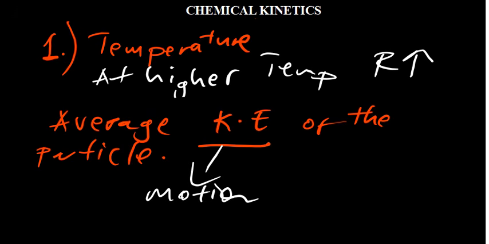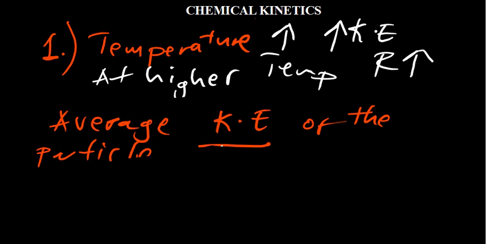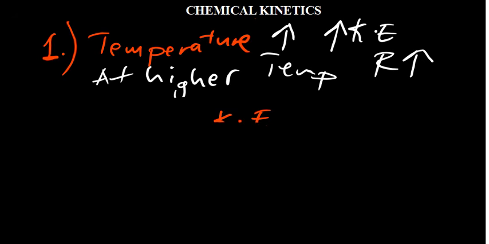As we increase the temperature, kinetic energy increases, and as we increase kinetic energy, more successful collisions will occur and therefore the reaction is going to be faster. That's why temperature is important. At higher temperature, the rate of the reaction generally increases. Increasing temperature and thereby kinetic energy is what we call the kinetic theory.